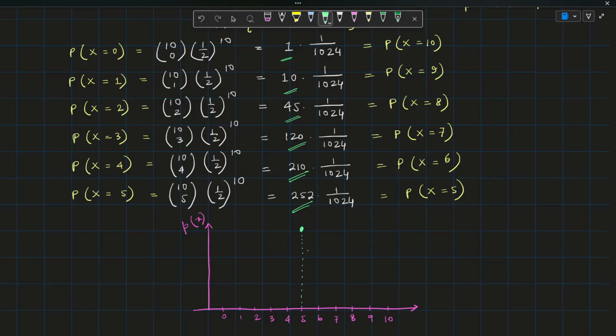For probability x equals 5, it will be highest, and for x equals 4 and 6, they will be equal, slightly lesser than probability of 5, and 7 and 3 will be equal, and similarly 8 and 2 will be equal, and as we go along, the probabilities will get lesser and lesser up to 0 and 10. So this is a rough plot that I have made, and the probabilities follow this kind of a curve. This is called a bell curve.